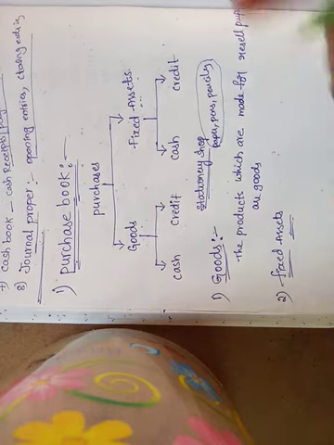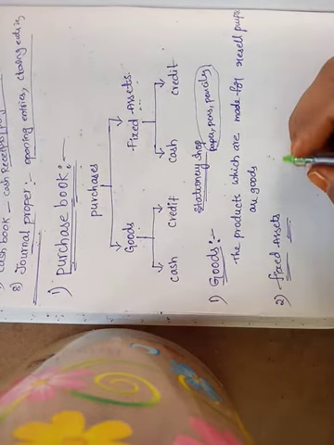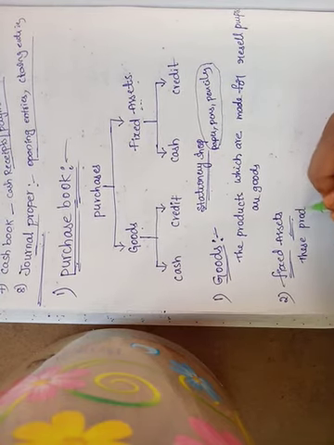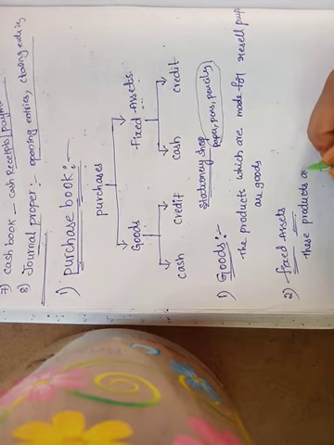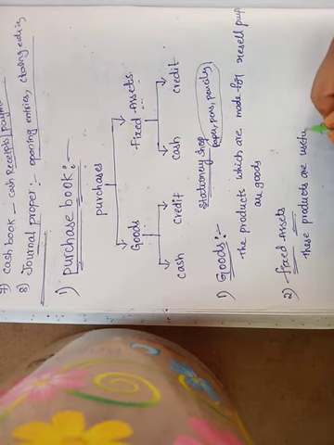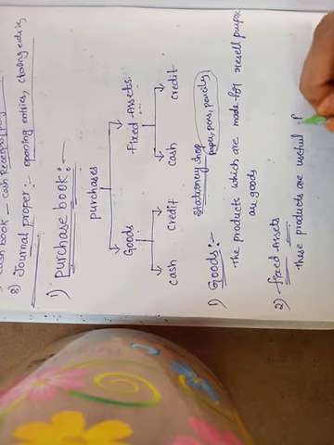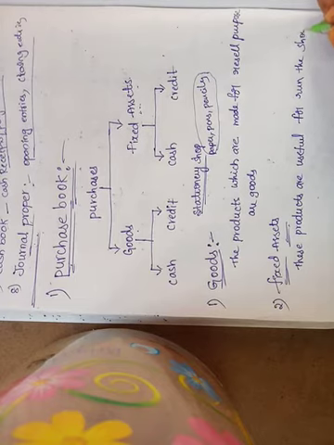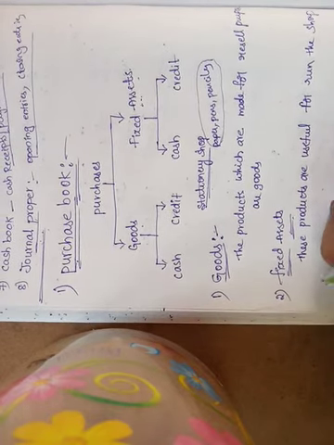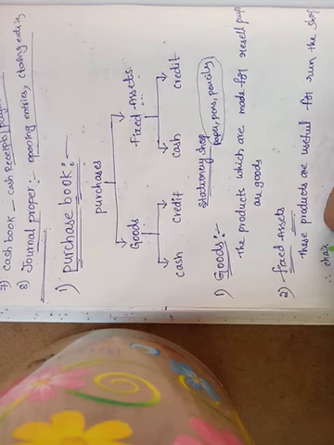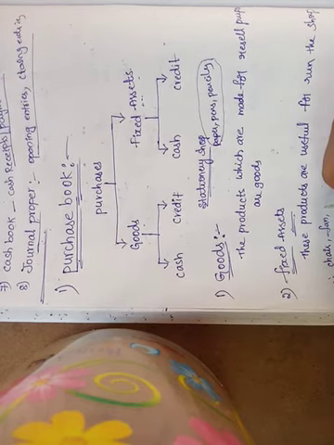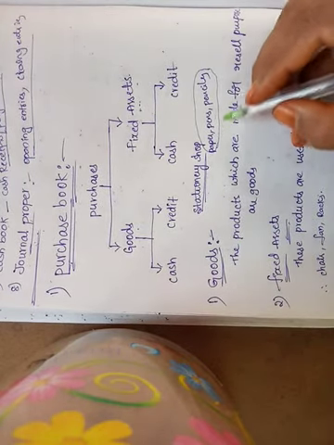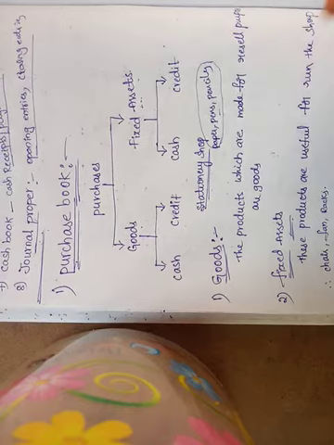These fixed assets are useful for the future, useful for running the shop. What are the examples of fixed assets? Chair, fan, any racks. And for goods, the examples are pen, papers, pencils, any books.